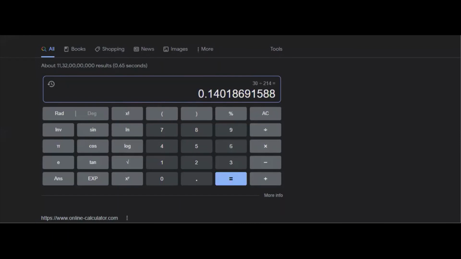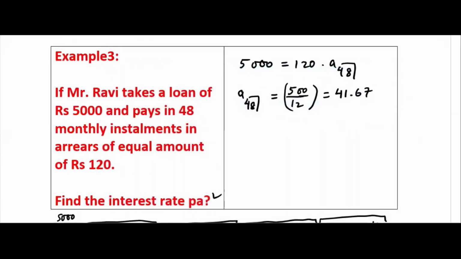We don't have actual table now. Okay, no problem. So yeah, you need to see A48, okay, at what percent, because you have to find 1 minus 1 plus I power minus 48 divided by I. That must be equal to 41.68. So you have to solve this one.